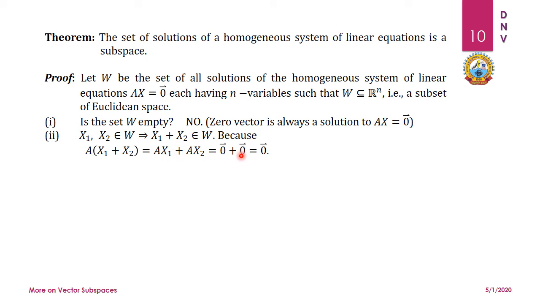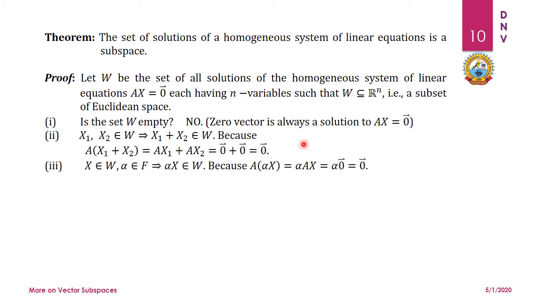So if I put 0 in place of these two, I will be getting 0 again. So we say that if x1 and x2 are solutions of this matrix equation, then x1 plus x2 will always be a solution of this matrix equation, that is, the system of homogeneous linear equations. So the second condition is also verified here.